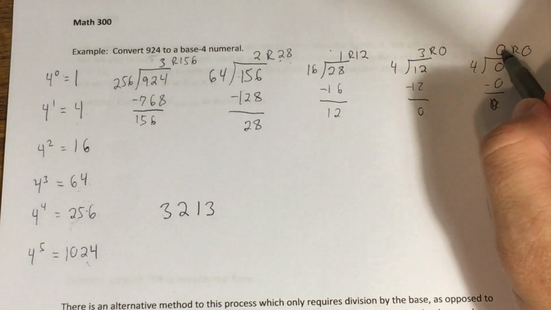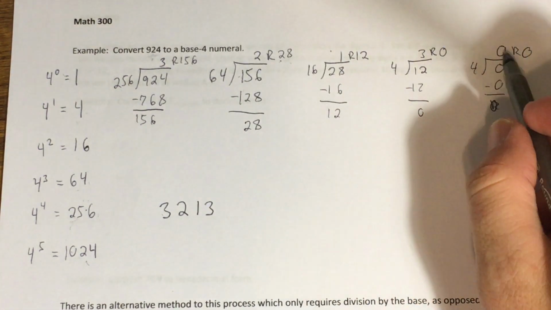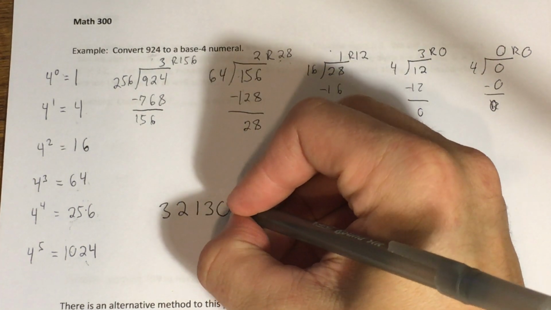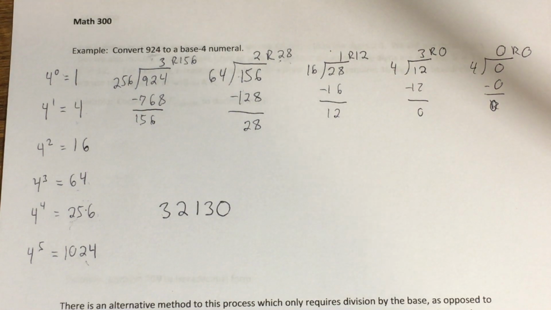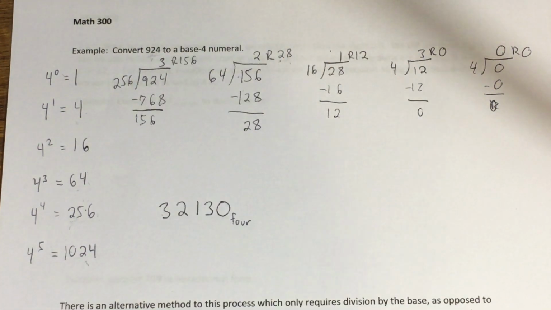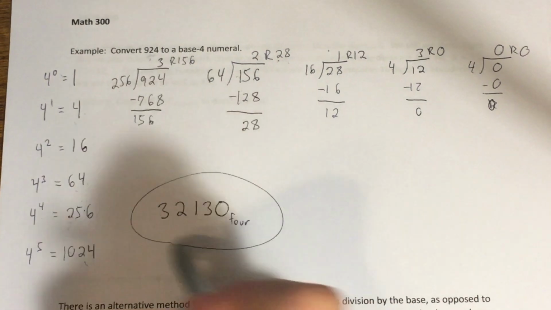At this point, the quotient is the last thing we need. I have 0 left of this number, so I don't need anything in my 1's place. That means this number can be written as 32130 in base 4. That's my answer.